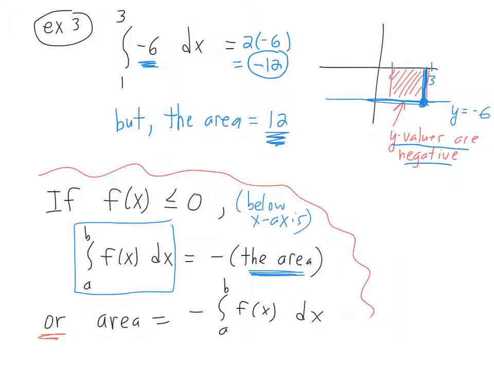So up above, we know the actual area was 12. Notice how the definite integral was negative 12. Or we can kind of work backwards here. We can say that the area itself is equal to the negation of this definite integral. So the definite integral we know is going to be negative. So if you negate a negative, you get the positive. So that's just a way of generalizing what we just talked about.